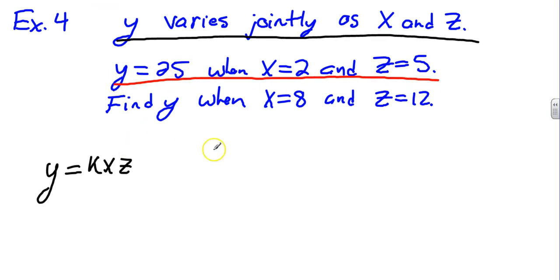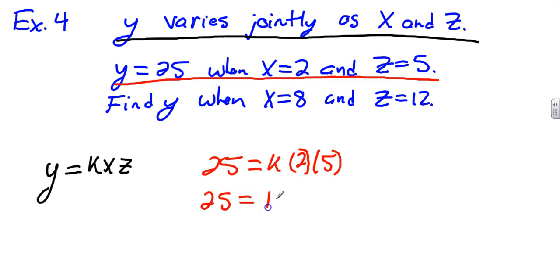Okay, then we use the next line to find out what the k value is. X is 2, z is 5. So 25 is equal to 10k. Divide both sides by 10 so that k would be 2.5.